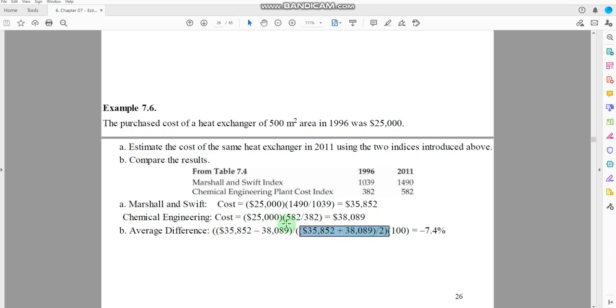Okay, so we take the difference, divide it by the average, and multiply by 100. So we will get some value for the average difference. We will see that by using different cost indexes, there could be different percentage error between the results. So the new heat exchanger cost can vary between these two values, and the relative difference between using different cost indexes could be 7.4%.